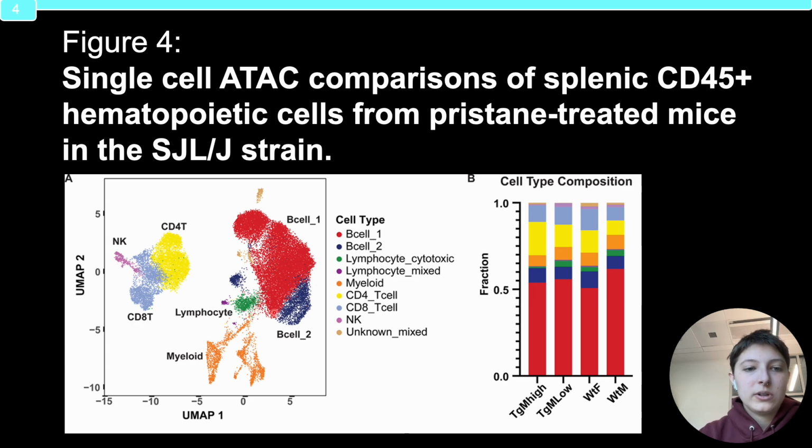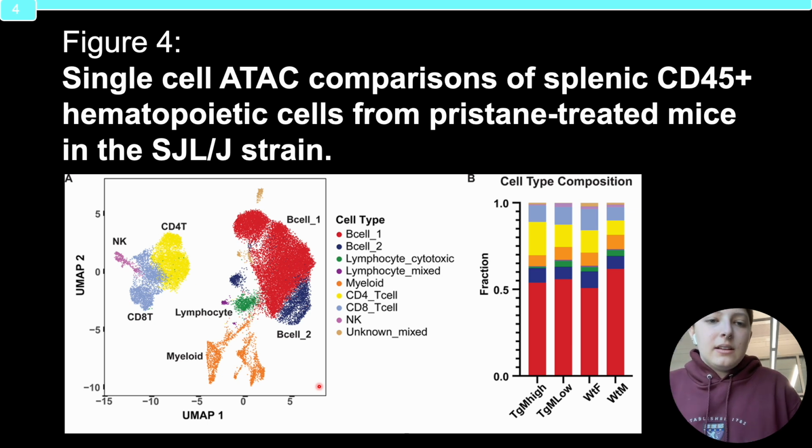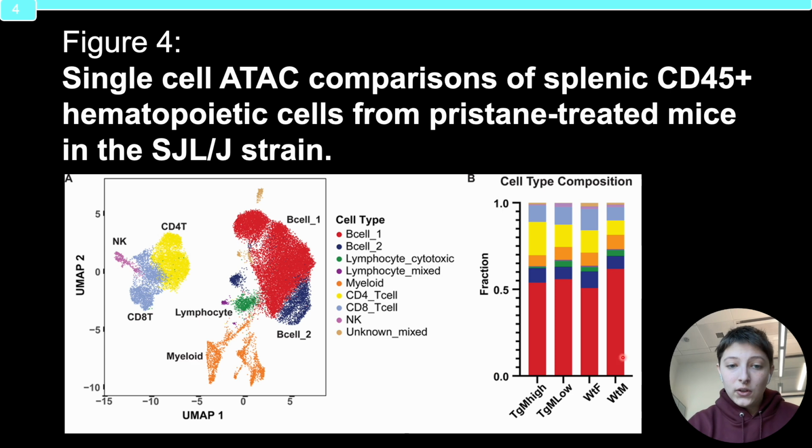So they saw a pretty good clustering of different immune cell types, or at least the sort of chromatin states that are similar to these cell types. And they saw that the fraction of these cell types, to me, they don't really look like they differ that much, but yeah, what are we supposed to take away from this?